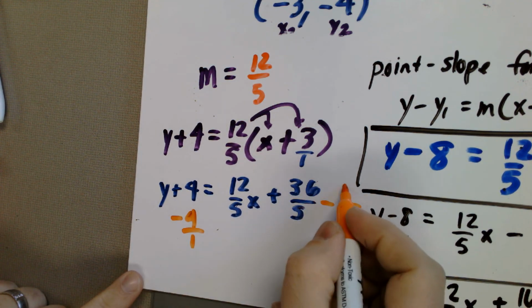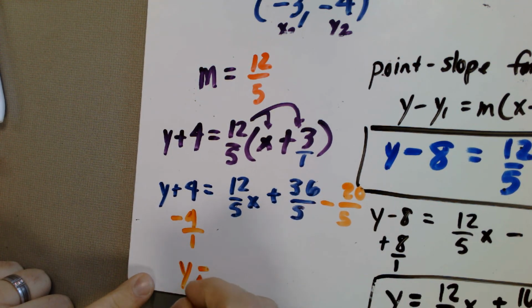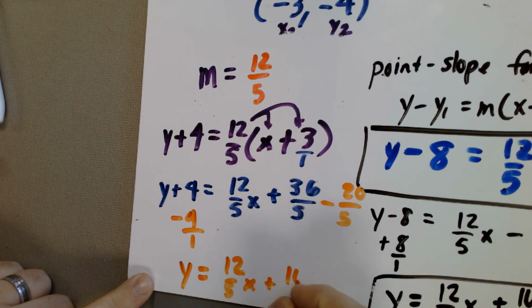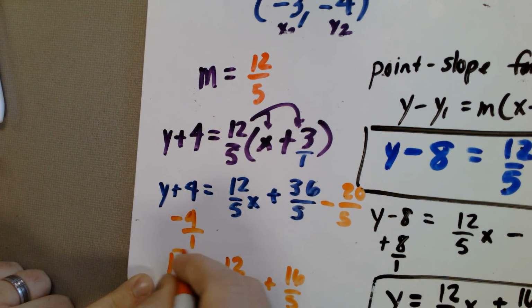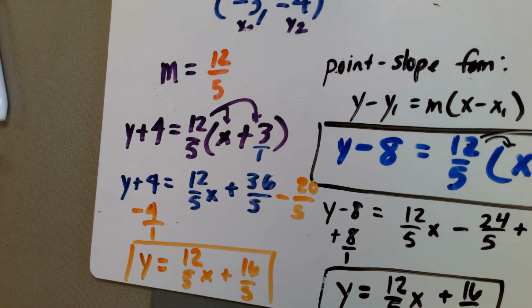So 4 times 5 is 20 over 5. When I simplify, I get y equals 12 over 5x, and then 36 minus 20 would be 16 fifths. So you'll notice that it doesn't matter which one I do, both of them arrive at the same slope-intercept equation.